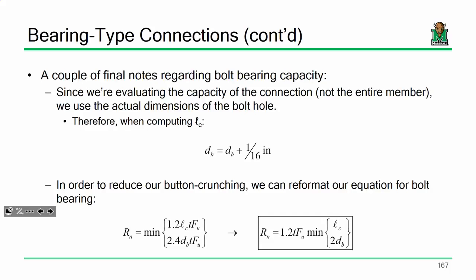All right. One other thing I did want to do for you is this right here. Remember what I did for block shear? I factored some stuff out. So you notice both of these have a thickness. Both of these have an ultimate tensile stress. And I've got sort of a common 1.2, so if I factor that out, I can calculate the bearing capacity of each individual bolt as 1.2 times the thickness times Fu times the minimum of either the clear distance or 2 bolt diameters.